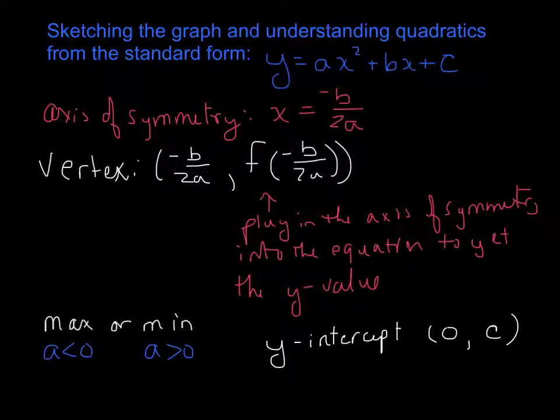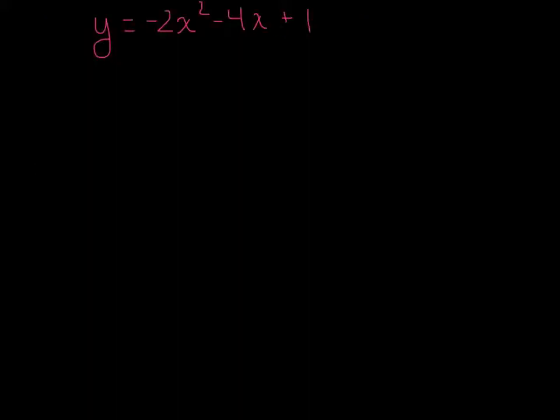What we're going to do now is I want to show you an example that actually has some numbers in there so we can use those to better understand what's going on. So if we're given this quadratic right here, the first thing that you need to figure out is your axis of symmetry.